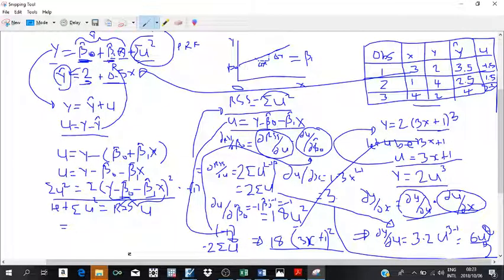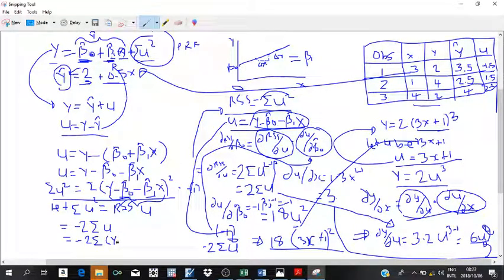Which means that we can rewrite this one here. So the first overall derivative here would be minus 2 summation of u here, like this. And then since we know our u, this would be minus 2 summation of open bracket, we insert this because this is stable.